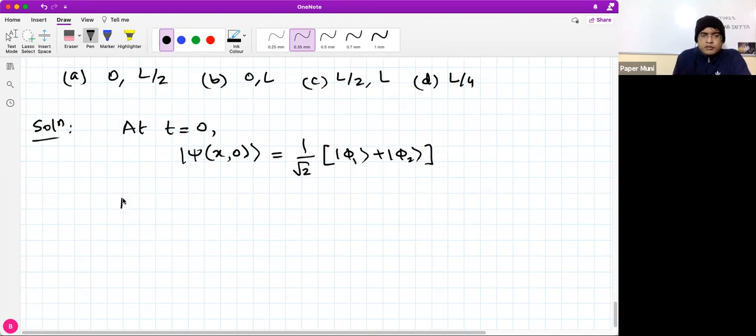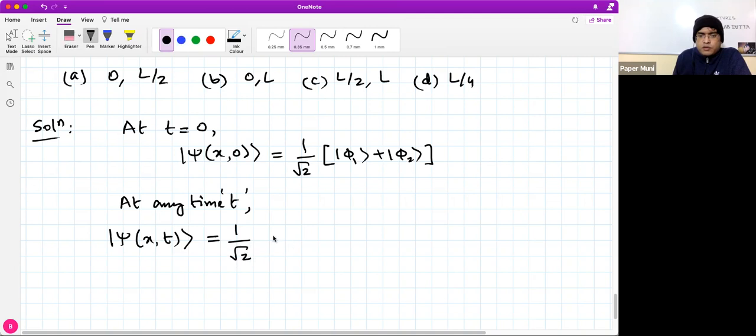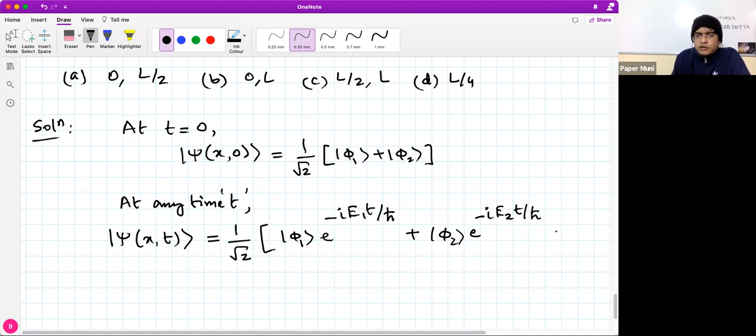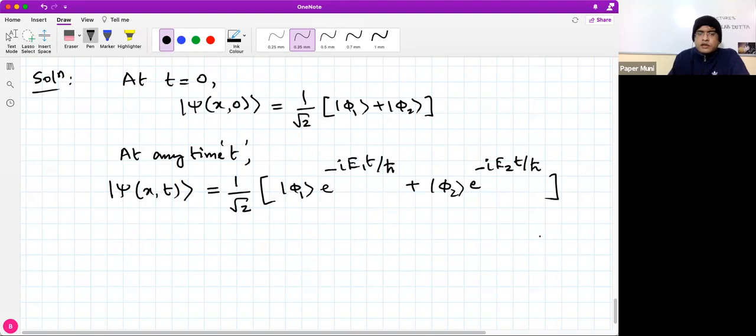Now at any time t, ψ(x, t) is equal to 1 by root 2 times φ1 with the time component e to the power minus iE1t by ħ, plus φ2 with e to the power minus iE2t by ħ. So this is the wave function at any time t.